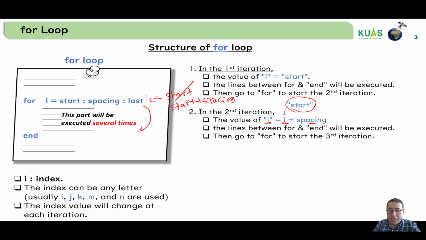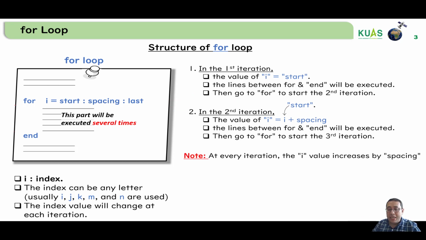Then the lines between the for and end will be executed, and then it goes back to the for loop to change the i value. So this means that in every iteration, the i value will be increasing by the value of the spacing.